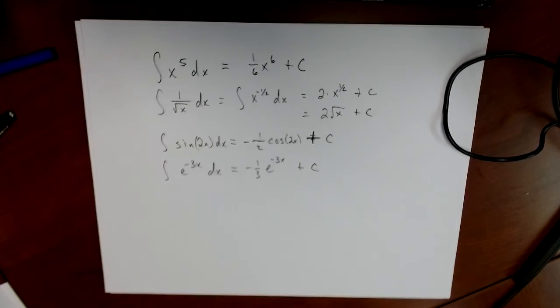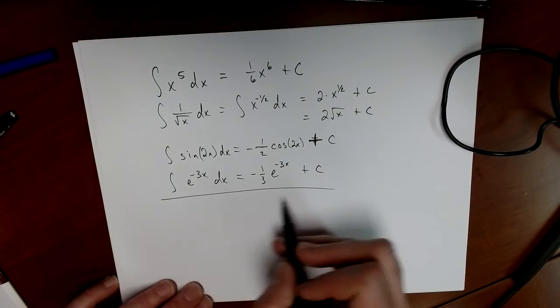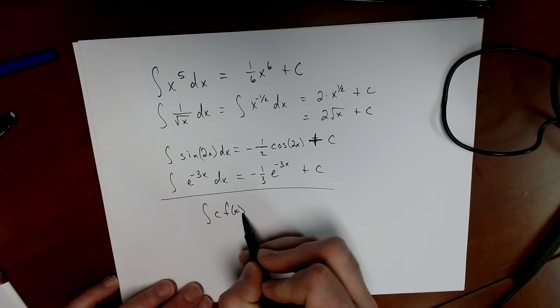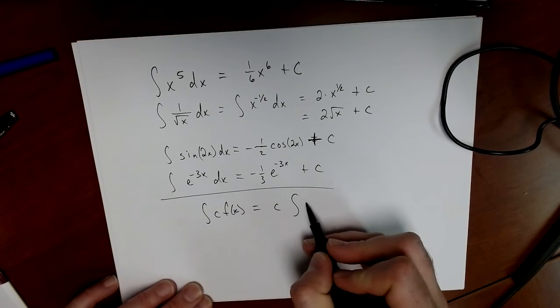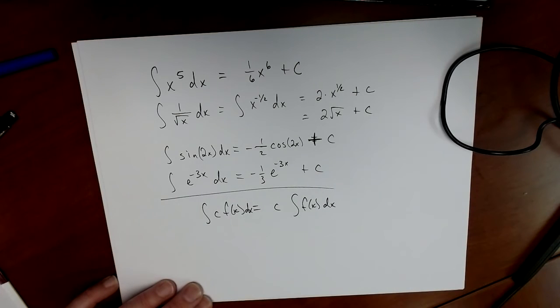Some properties of the antiderivative. The antiderivative of c times f of x is equal to c times the antiderivative of f of x. There I go, not writing my dx again.